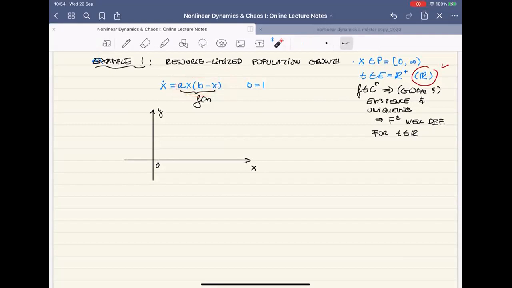If x is 0, then I'm not going anywhere because x dot is 0 then. So x is not changing. If it was 0, then it keeps being 0. There's no evolution. So this right-hand side is surely going through this point, and that point will be a fixed point. Okay. If I graph the right-hand side, it will have another 0 at b, which now happens to be 1. So it's here. And other than that, it's an upside down parabola.